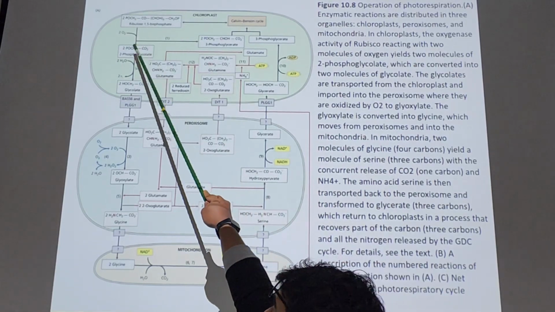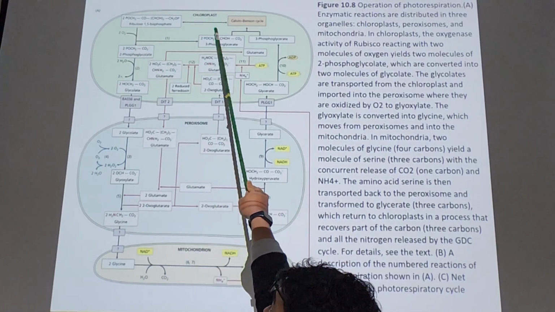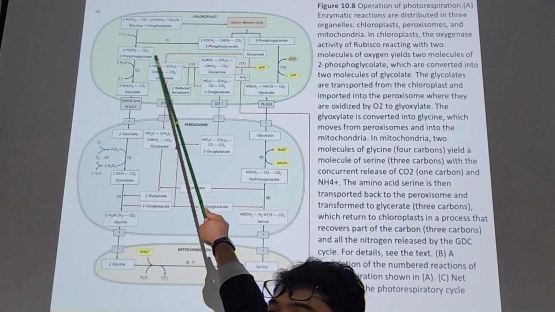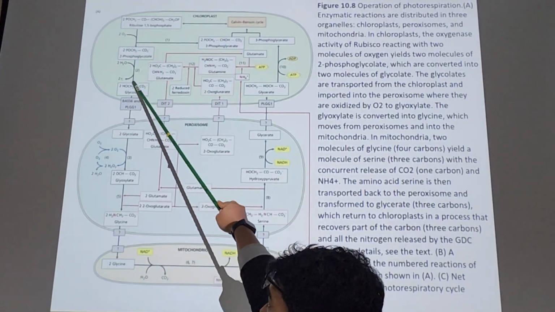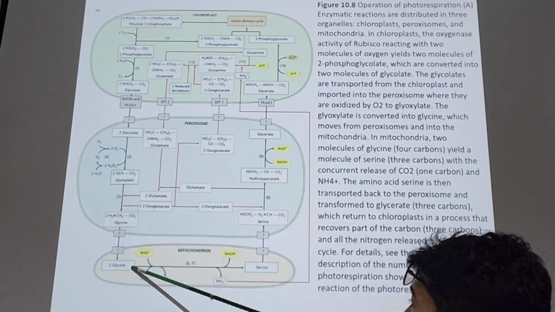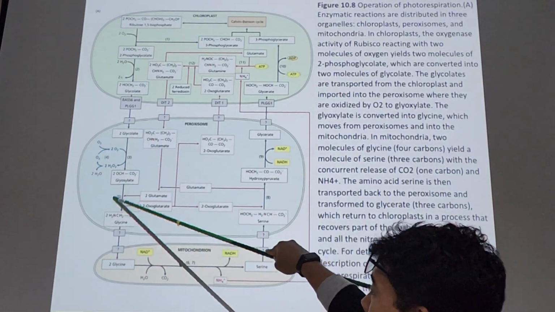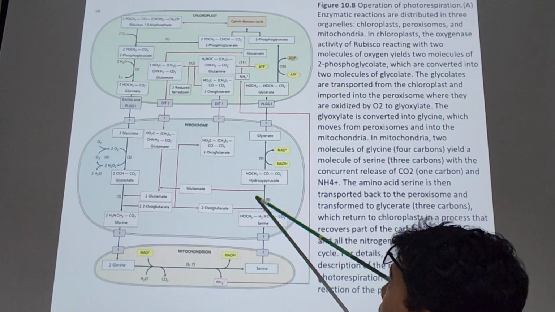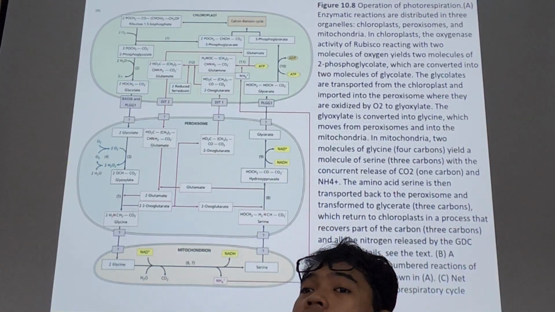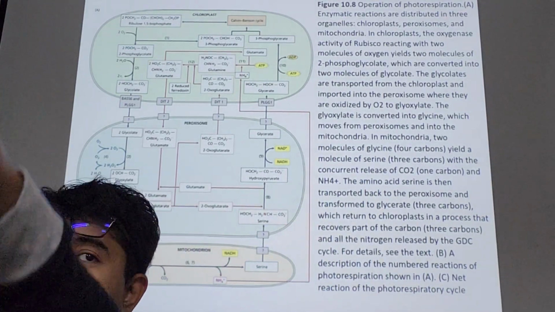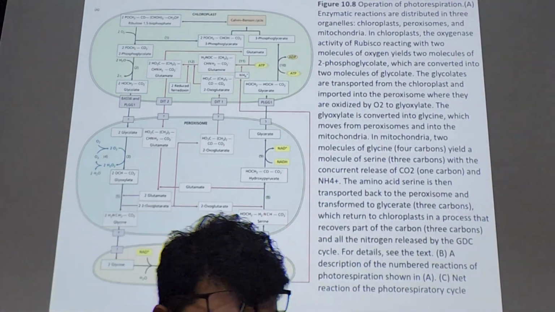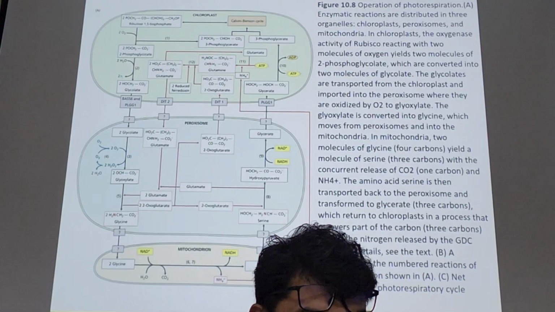You see, it's just from here to here, but there is no enzyme to do this. So in order to do that, the plant has to go all this path, go down to the peroxisome, mitochondrion, coming back to peroxisome, coming back to chloroplast. It's such a long process. So you are now equipped with the enlarged version of this so that you can study it later.